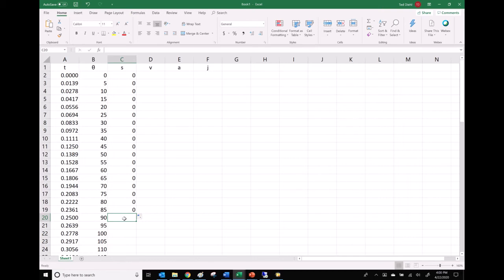So I guess I didn't bother to tell them what that was. So it's going to be equal to this right here divided by 90, and then -1. Is that right?